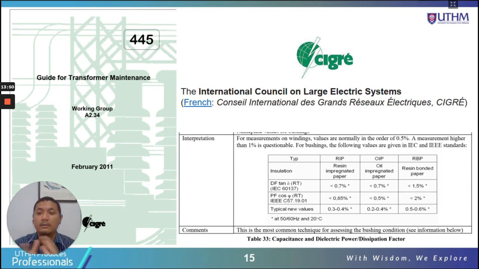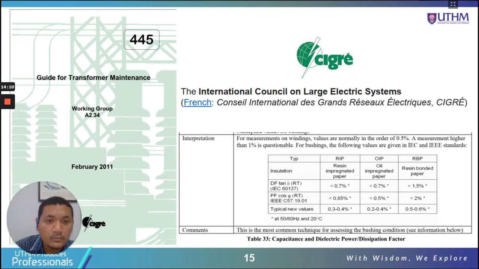Even the standard. For example, this is taken from standard 445, table 33: how to interpret the tan delta, capacitance and the electric power or dissipation factor.